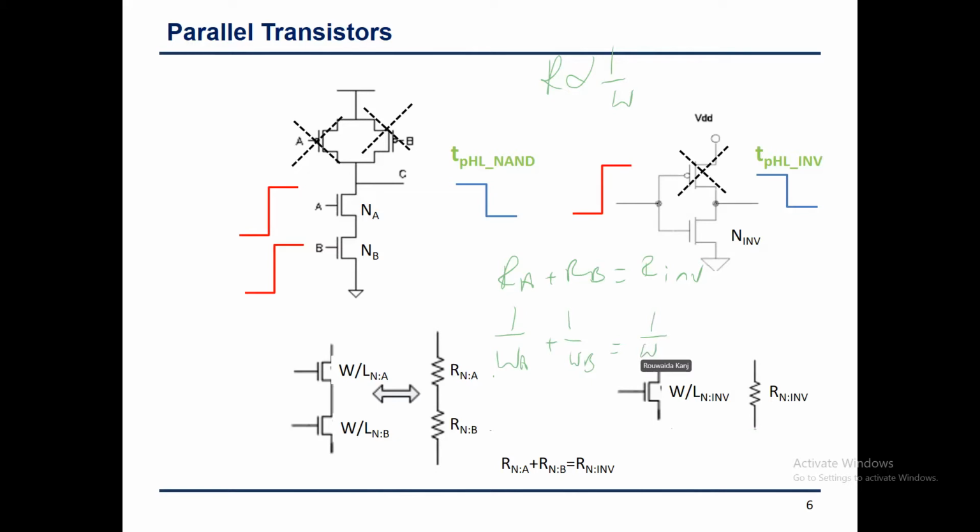Okay, so here if I want each to be R over 2, this means that since it is inverse of the width, W comes out as 2W. If I want to size them equally, WA equal WB, then 2 over WA equals 1 over W, so WA is twice the W of the inverter.